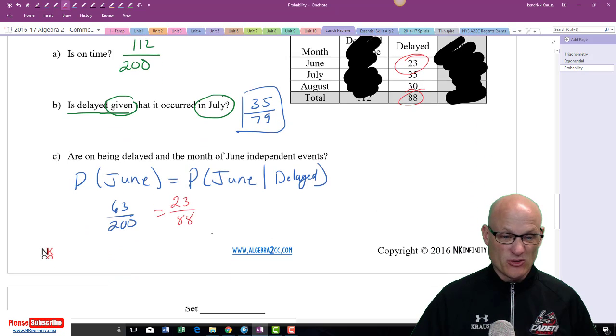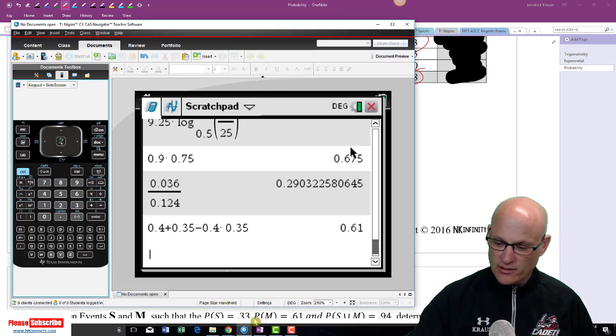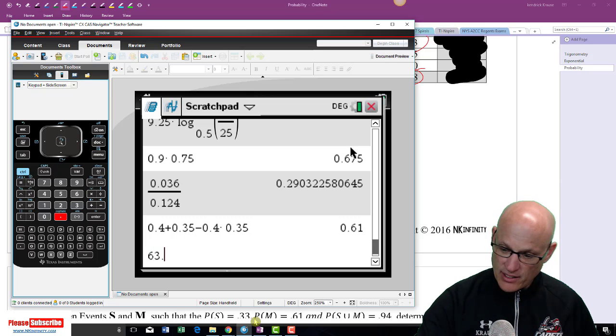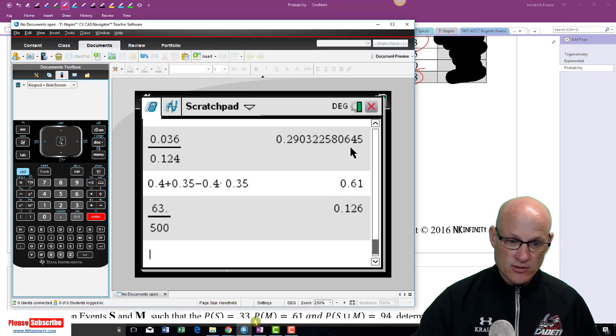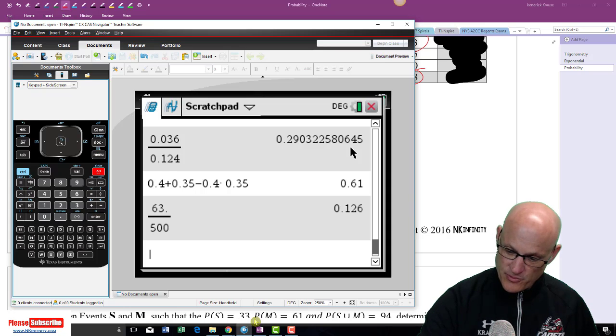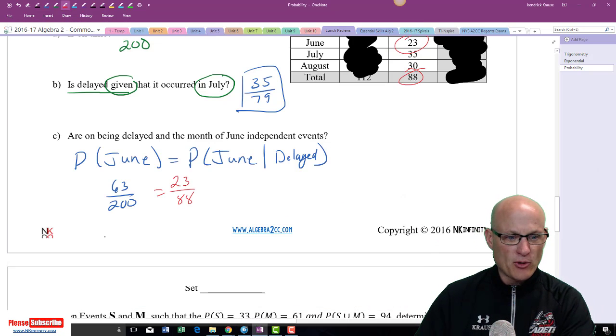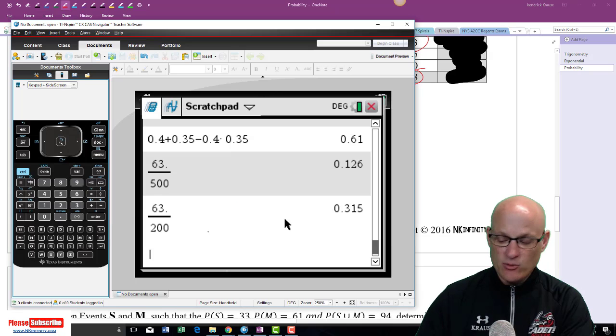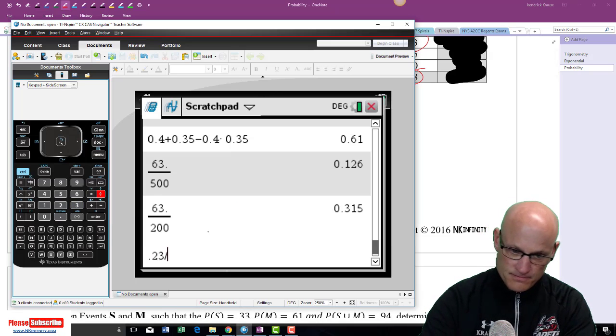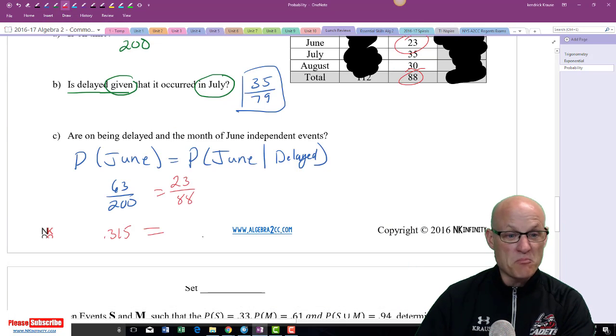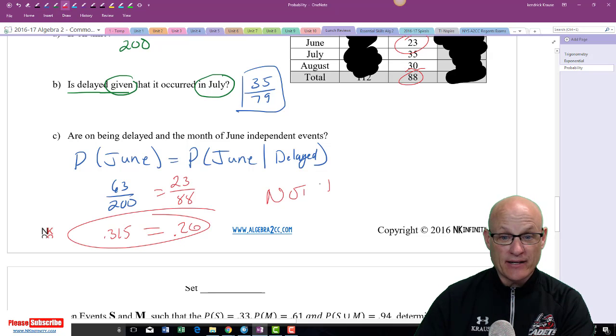Well, I'm not sure if those are equal, so I'm going to go over to my calculator. 63 divided by 200 is 0.315. Does that equal that 0.26? Man, that's pretty close, but nope, not independent. And there's my work.